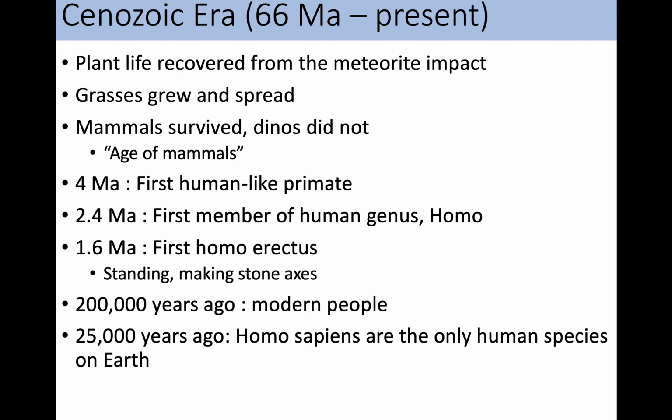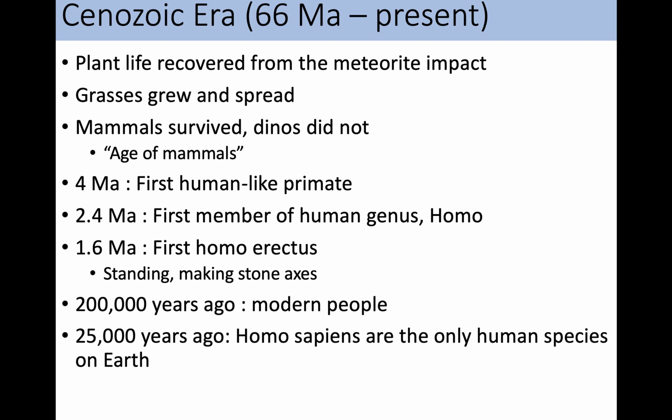About 4 million years ago is where we had the first human-like primate. The first member of what we call our human genus, the Homo genus, was 2.4 million years ago.